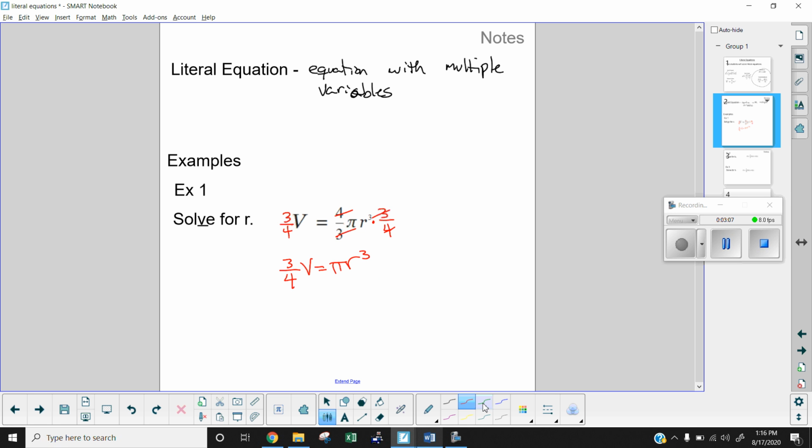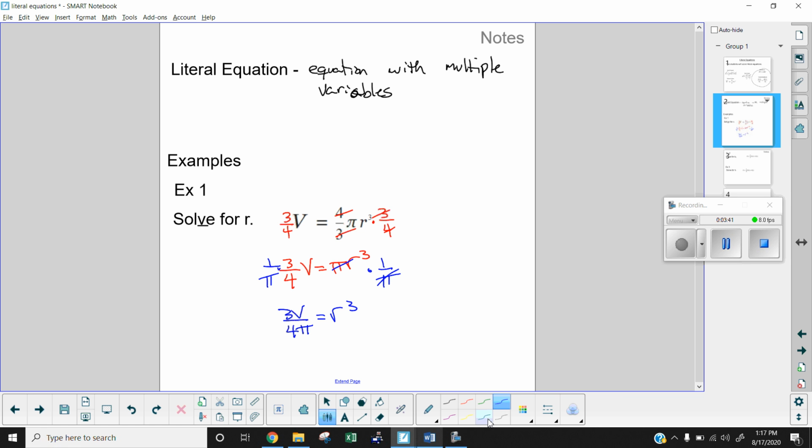Now I will divide by pi on both sides, and you see I get the same mess. So instead of doing that, I can multiply by 1 over pi on both sides, which allows me to visually plan a little better on the left side of the equation. That gives me 3v over 4 pi is equal to r cubed.